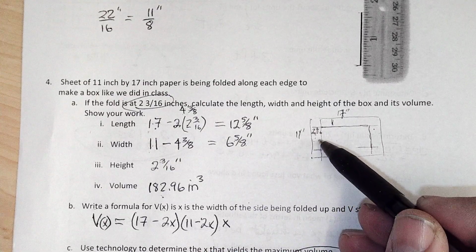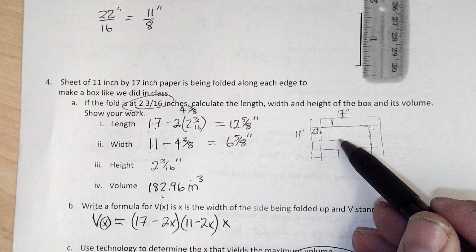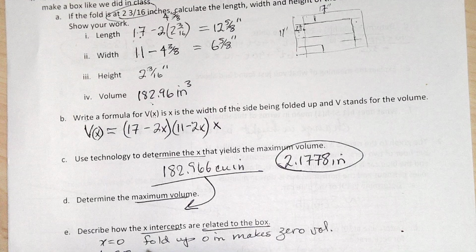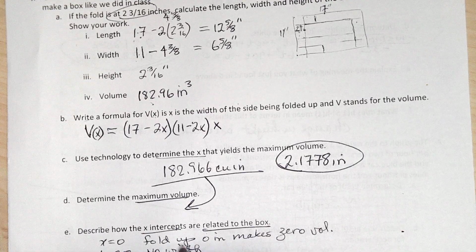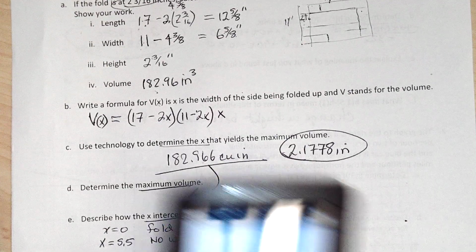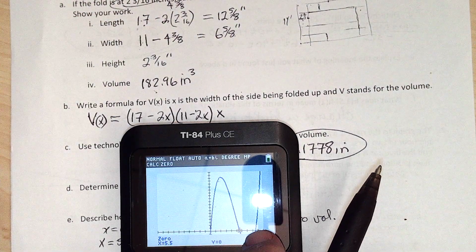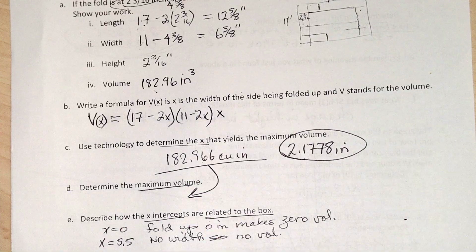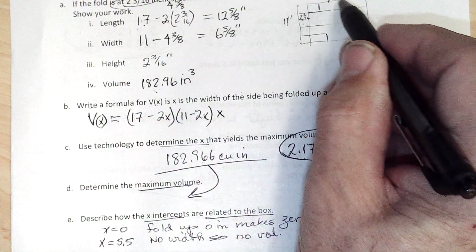So if I fold up 5.5 and 5.5, there'd be no width left. No width, so no volume. And the other one is at 8.5.